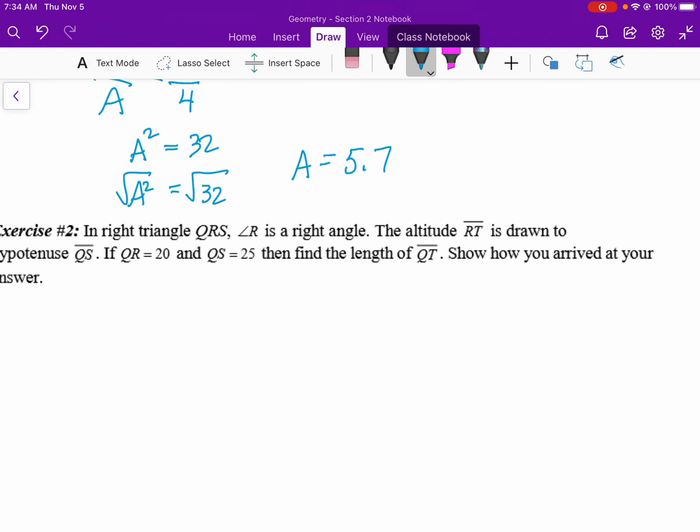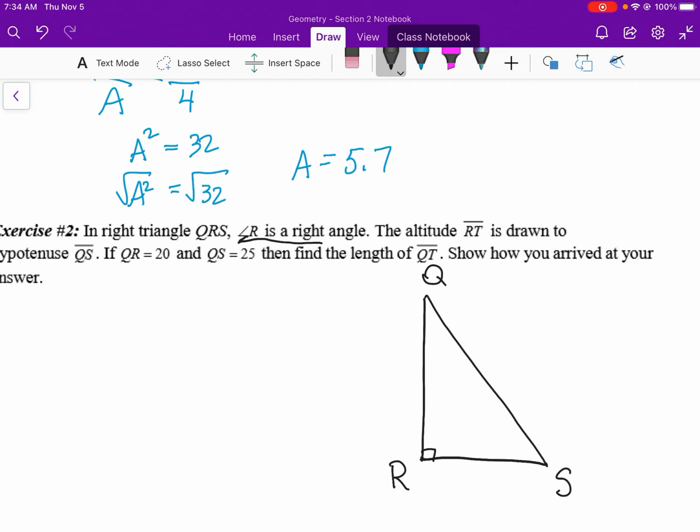Now this one they don't give us a picture. It's not very nice of them, so we have to draw our own picture. It says in right triangle QRS, so I'm going to draw a right triangle like that. Angle R is the right angle. It doesn't really matter which other vertex is which.